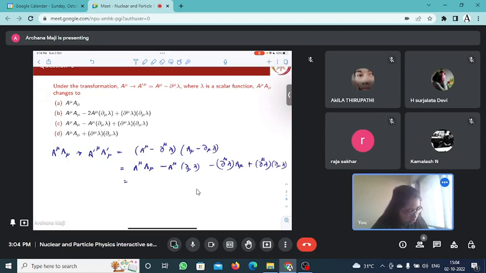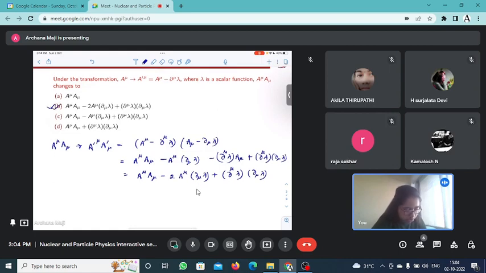These two quantities are the same, so this gives us 2 times A mu del mu lambda plus del mu lambda, so the B option is correct.